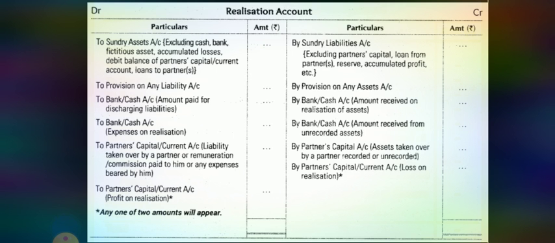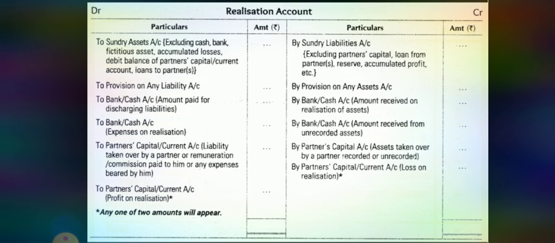If any partner is taking over any liability, or is liable for paying any remuneration, commission, or any expenses he is bearing, he will be debited here with his name, partner's capital account. Suppose the name of the partner is Sohan. So Sohan's capital account or Sohan's current account would be debited.